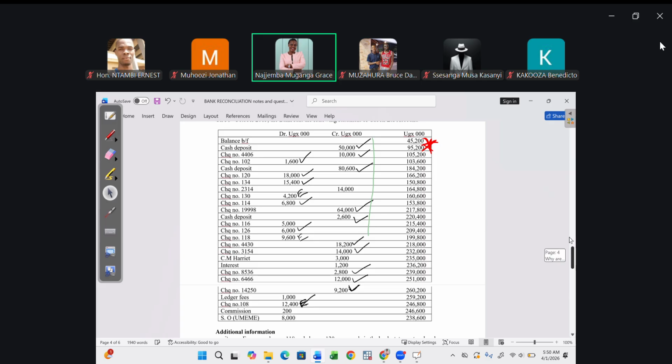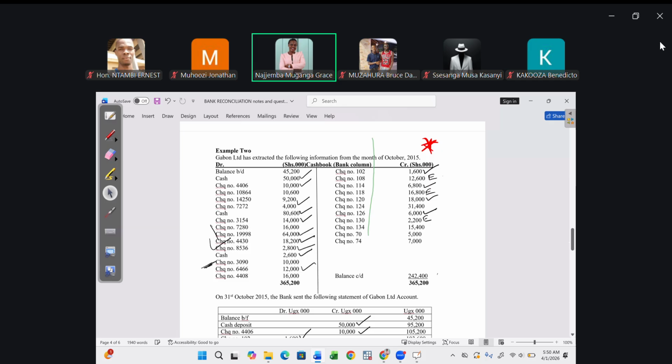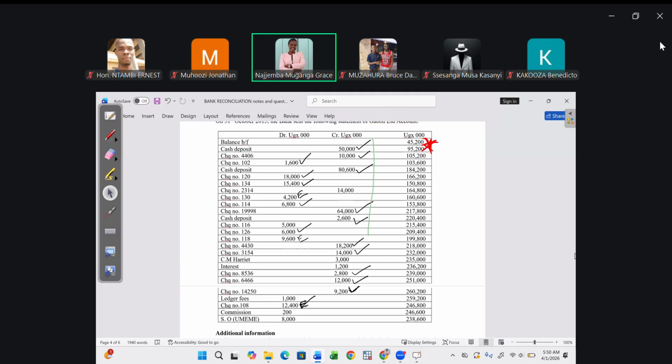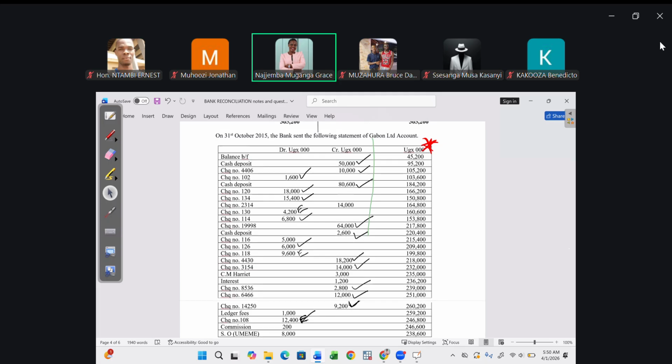Check number 75,000 on the credit. Then debit side in the back, we have 7,000. What we do, we look for the check number 74 down there.